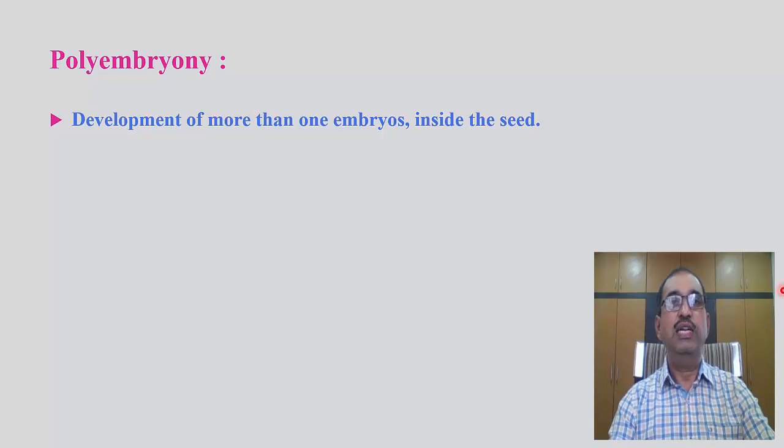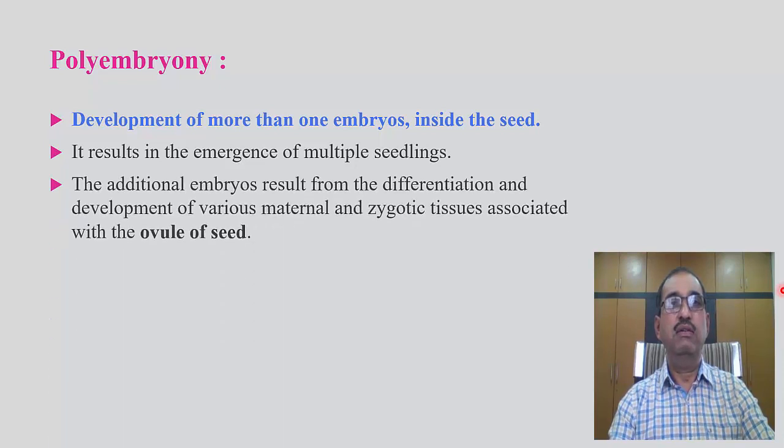Polyembryony. Development of more than one embryo inside the seed is called polyembryony. It results in the emergence of multiple seedlings. The additional embryos result from the differentiation and development of various maternal and zygotic tissue associated with the ovule of seed.